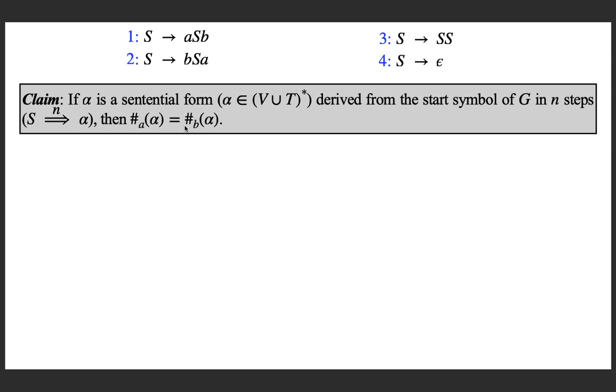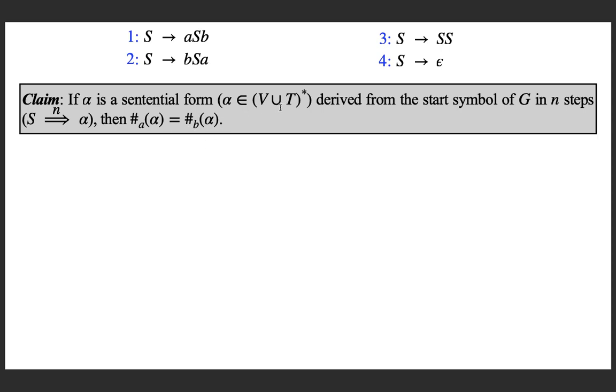Now suppose you prove this claim, then what can you conclude? Any string which is derived and consists only of terminals is definitely in this set. So this is actually a stronger statement than what we have to prove. We have to prove that a derived string of terminals contains equal number of A's and B's.